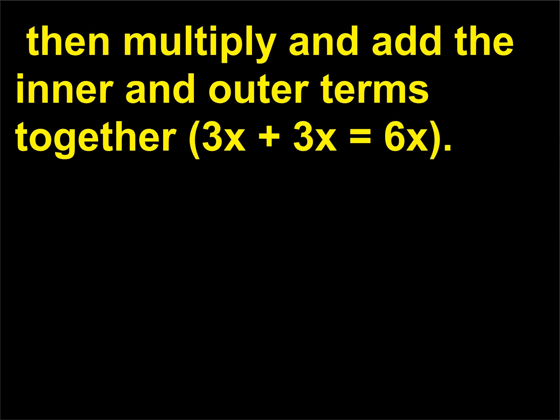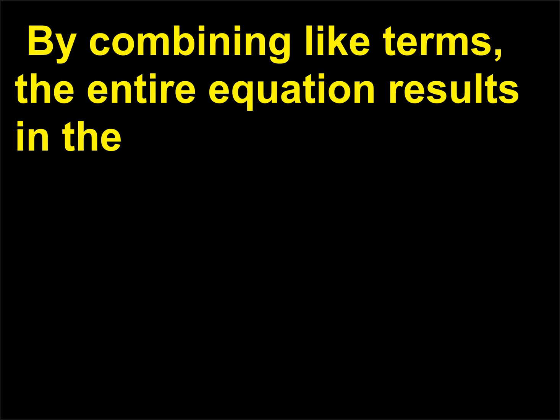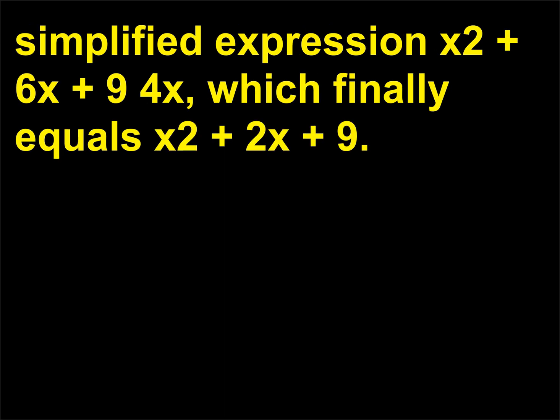Then multiply and add the inner and outer terms together, 3x plus 3x equals 6x. By combining like terms, the entire equation results in the simplified expression x2 plus 6x plus 9, which finally equals x2 plus 2x plus 9.